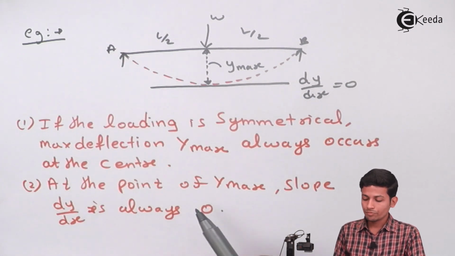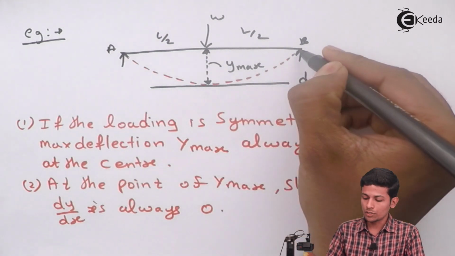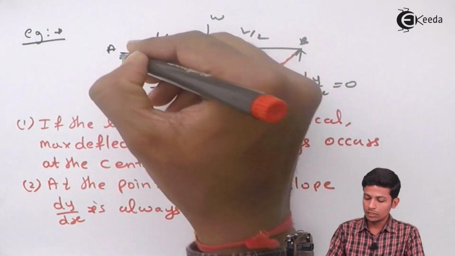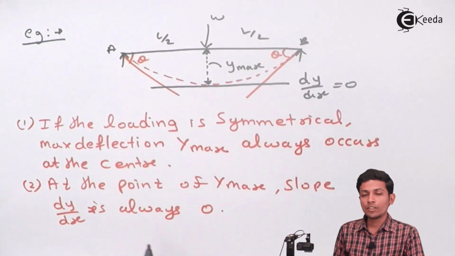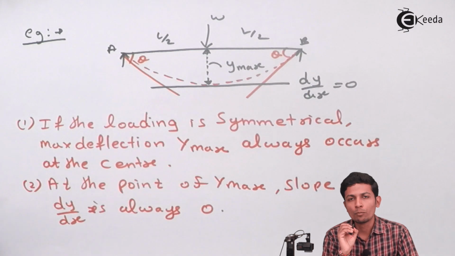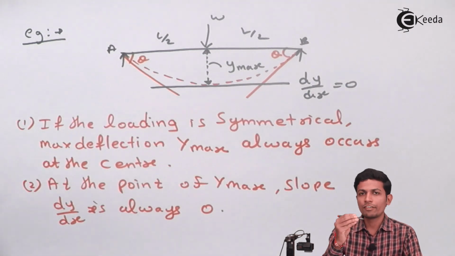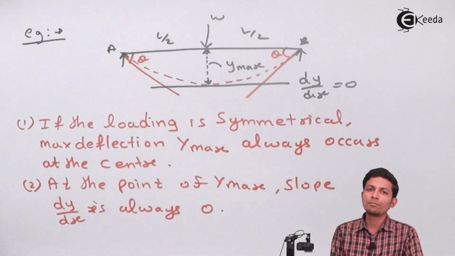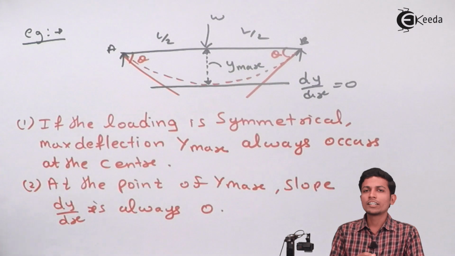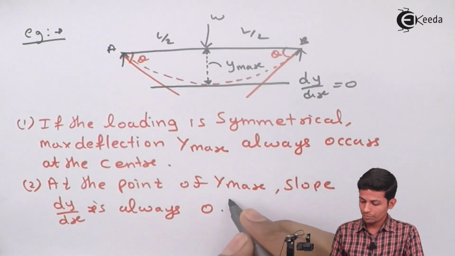And if you have to find the slope, it mostly occurs at the corners. This is your slope, this is theta and this is also theta. At any point where we have to find the slope, we draw the tangent and take the angle with reference to it. That angle theta is nothing but your slope, and the deflected part is nothing but the deflection.